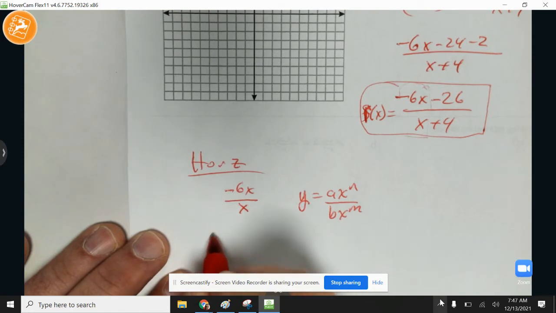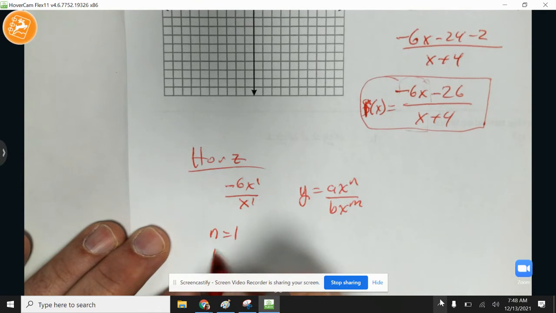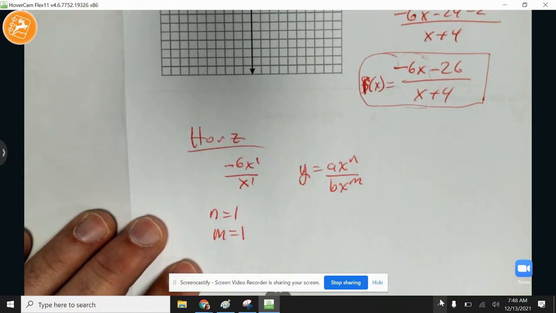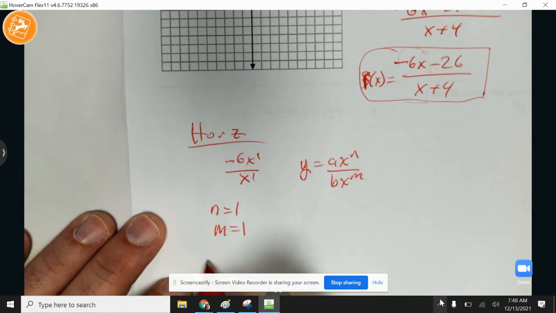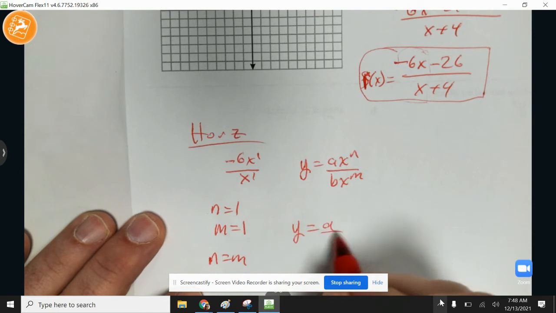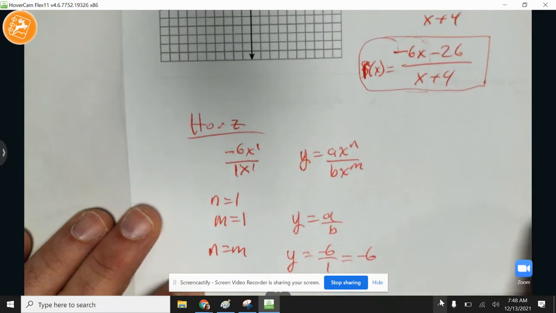My n here is equal to 1, and my m is equal to 1. So with that condition, when n equals m, I'm going to have y equals a over b. So I take my coefficients. So I'm going to have y equals minus 6 over 1 or minus 6.